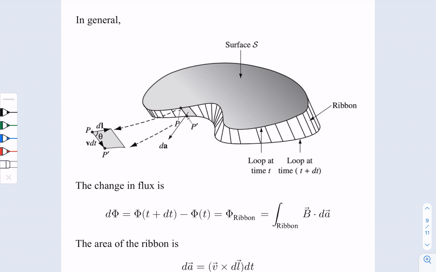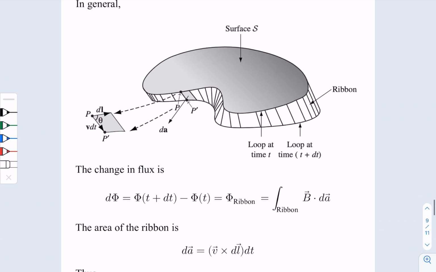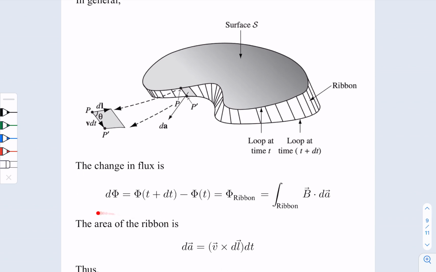So what we can do is simply calculate the area of the ribbon, because we now know that the change of the flux will be exactly accounted for by the change of the flux across this ribbon.